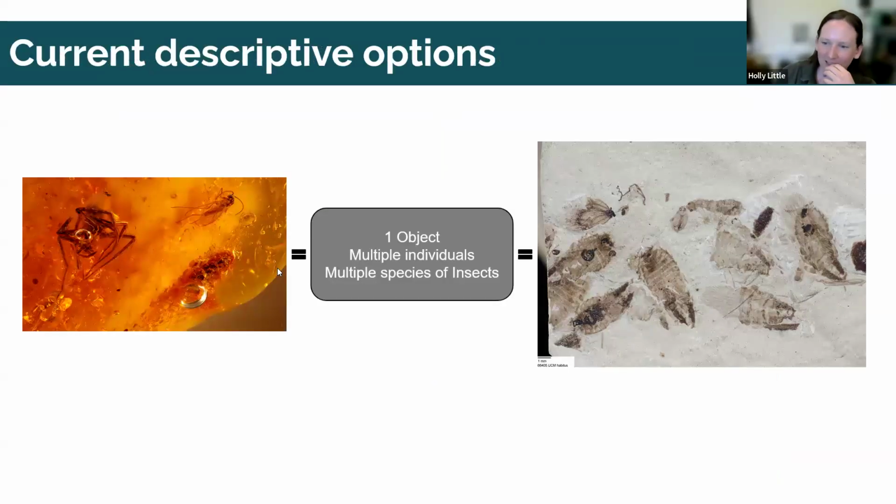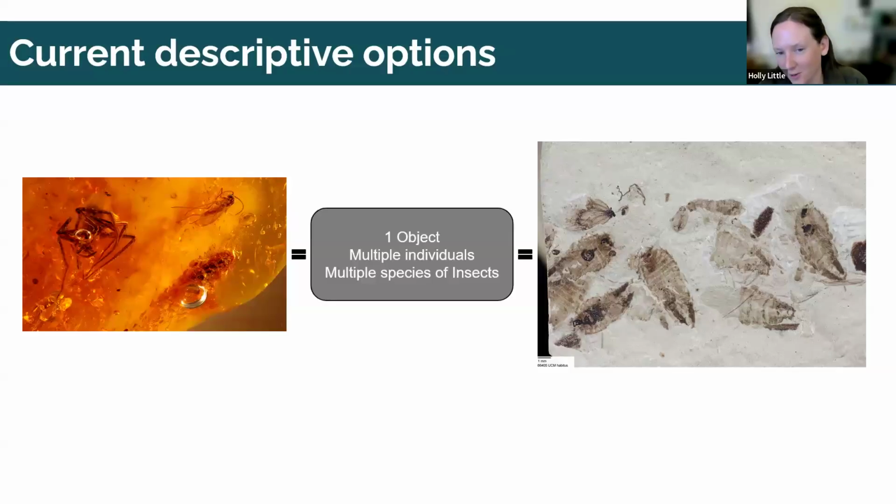So as an example of this, in Darwin Core currently, if you were to publish a record for both of these objects, you would not know that one is amber and one is a slab with a compression fossil. So they would both appear as being one object with many individuals.